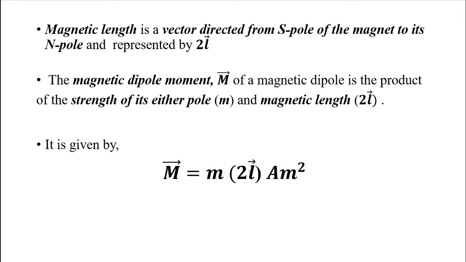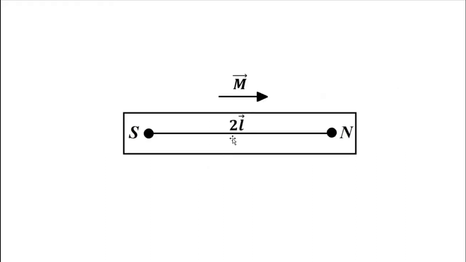So it is similar to the electric dipole that we have discussed in the electricity and magnetism discussion. In that playlist you can check out the electric dipole concept. So the magnetic length is basically a vector, as it is expressed 2L vector, and it is directed from the south pole to the north pole. Okay, so this is the magnetic dipole.